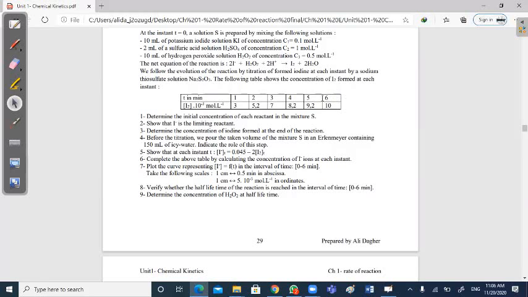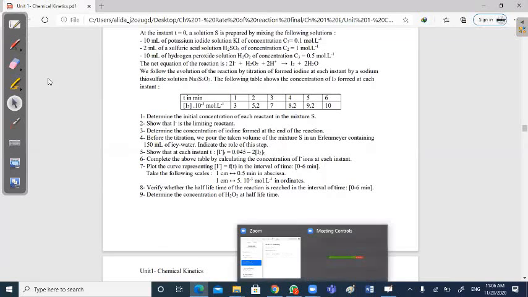Then the half-life is bigger than 6 minutes, so the half-life is not present in the interval of time 0 to 6 minutes. The answer is the calculation of the concentration of I2 at T-half. We have calculated the concentration of I2 at the end of the reaction.